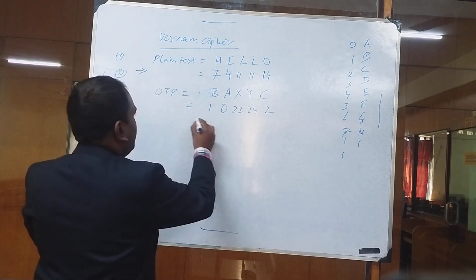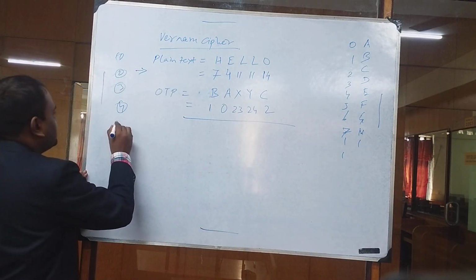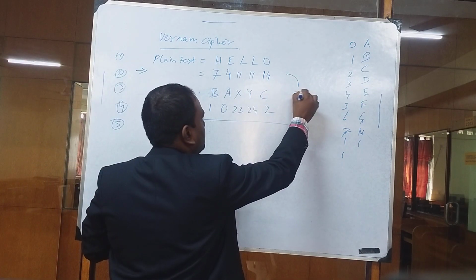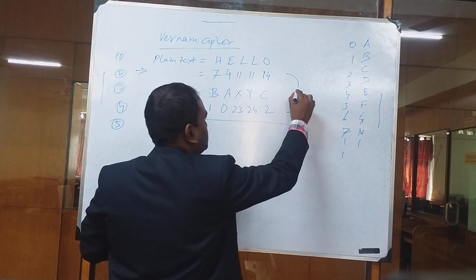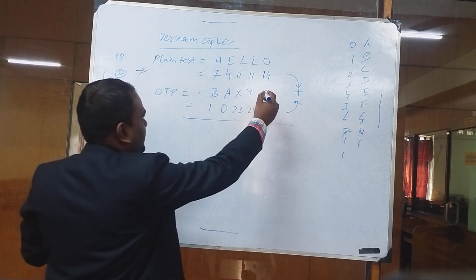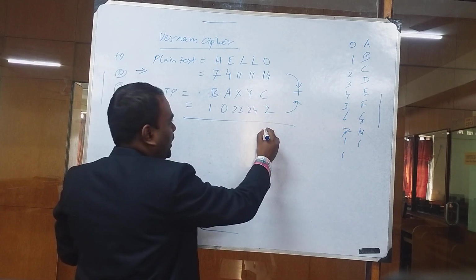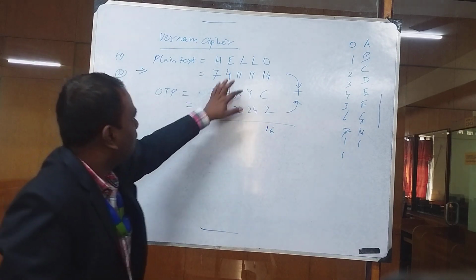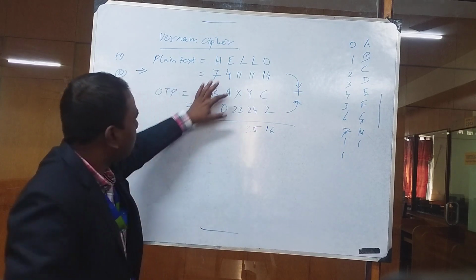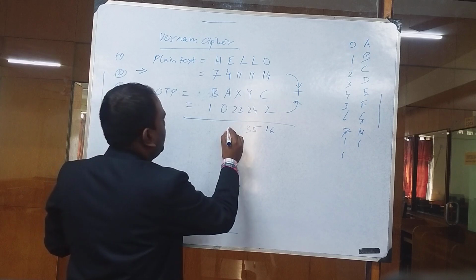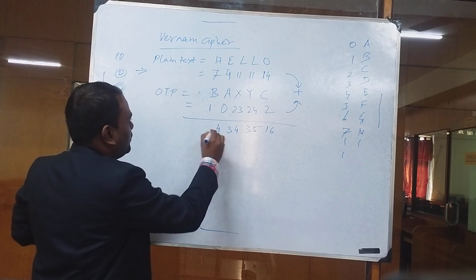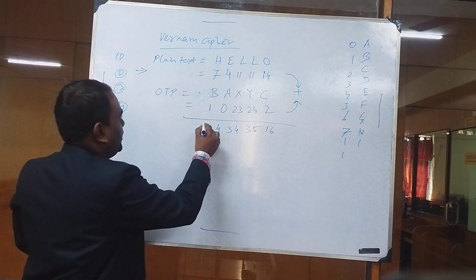So this is the conversion of our OTP. Now the next step, the fifth step: we have to add these two values. On the addition, 14 plus 2 will be 16. 11 plus 24 will be 35. 11 plus 23 will be 34. 4 plus 0 will be 4, and 7 plus 1 will be 8.